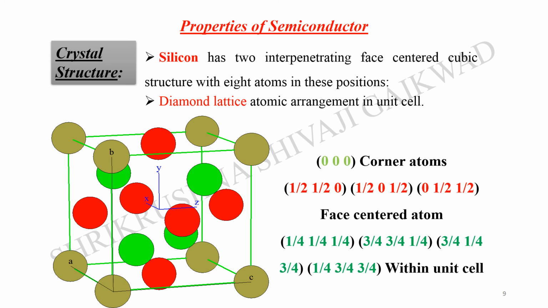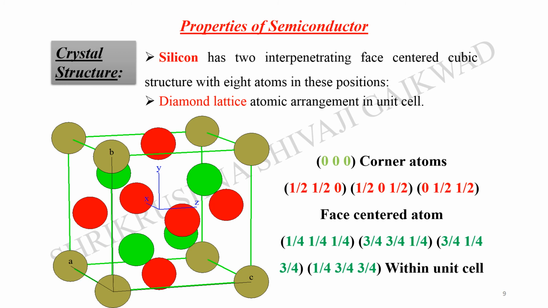Now you see I have shown the face centered atoms with the red atoms, and the interpenetrated atoms with the green atoms. You can see the green atom at the bottom on the left hand side. This will be connected to the 3 face centered atoms nearest to it: one on the left hand side, one towards the bottom, and one on the face facing us, our outer face.